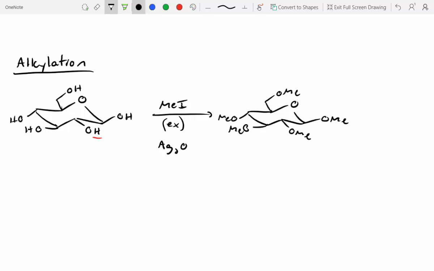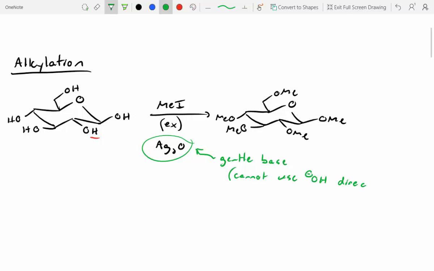And silver(I) oxide in this case is a gentle base. You cannot use hydroxide directly. And we'll talk about that shortly.